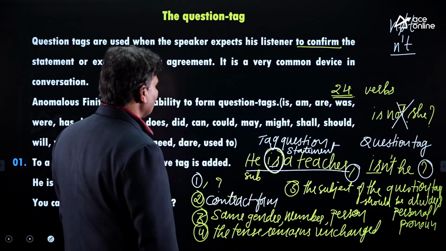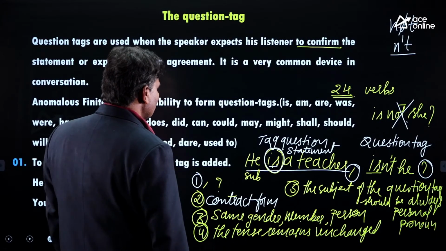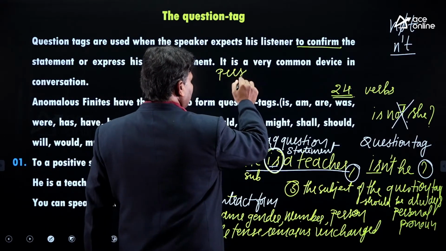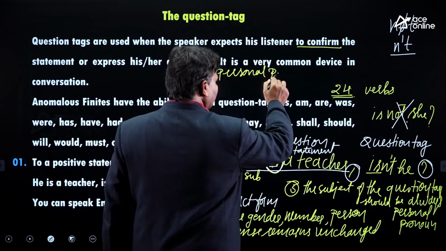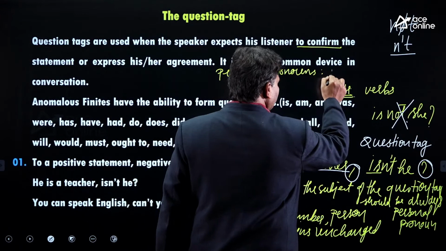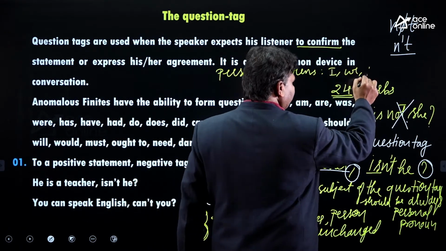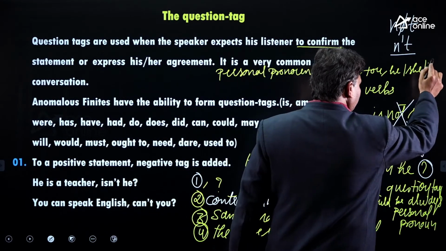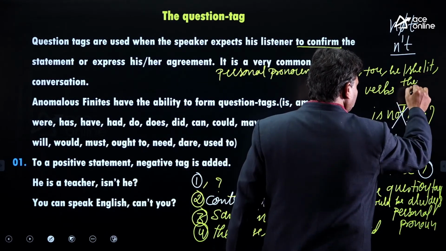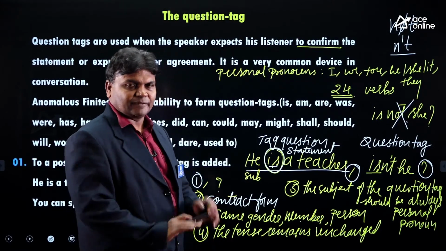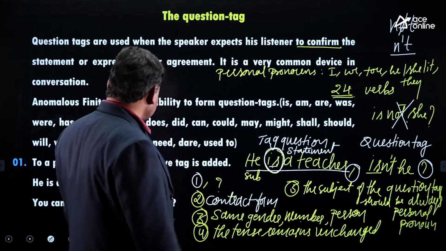I'll talk about those more, students. Let me just write it here: personal pronouns, I, we, you, he, she, it, they. So only personal pronouns you can think of, otherwise you cannot think of anything, right, students?